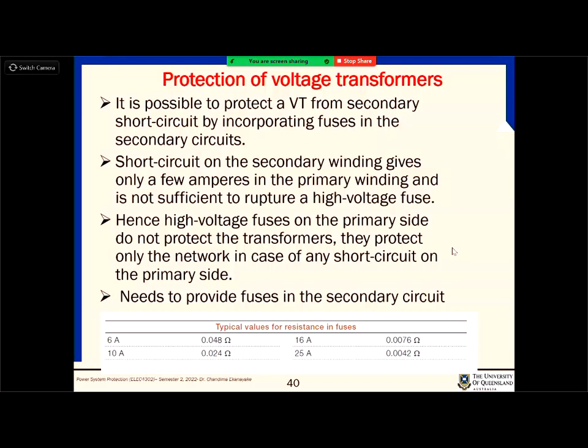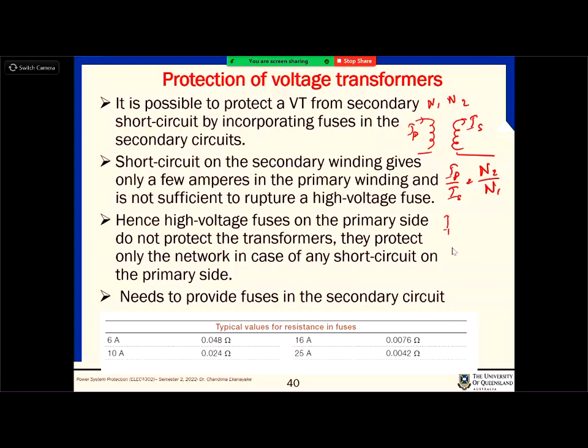You can look at it in another way. This is N1, this is N2, right? And then this is I1 or IP, this is I secondary. IP divided by IS is equal to N2 divided by N1, right? Which one is large here? N1 is very large, right?